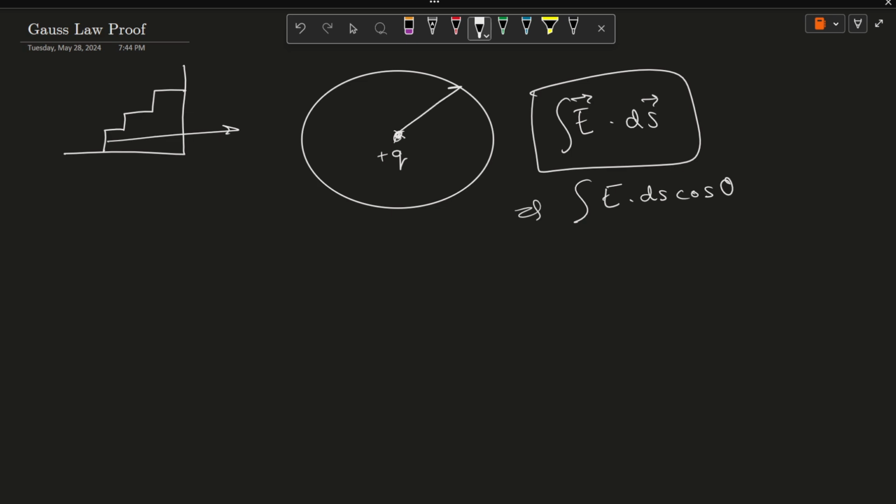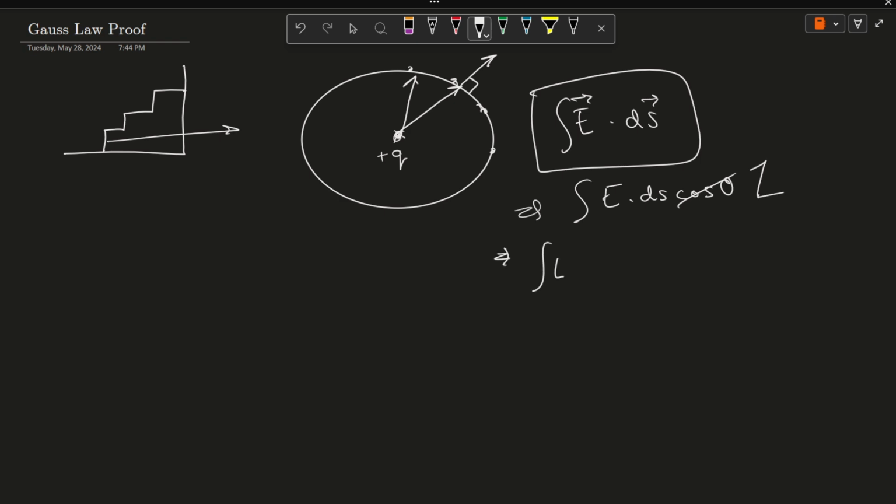The electric field will be radially outward for all of these small elements that we are considering, right? And at all these small elements, the area vector is also going to be perpendicular to the surface. So they are coincident, they are parallel, right? So cos theta becomes 1.